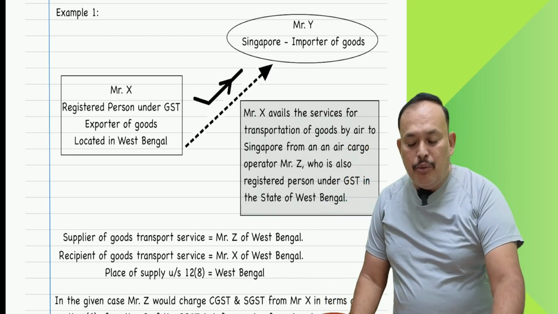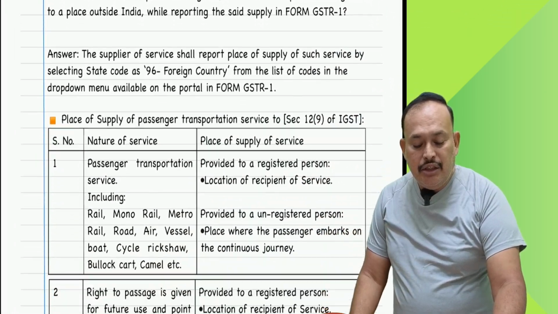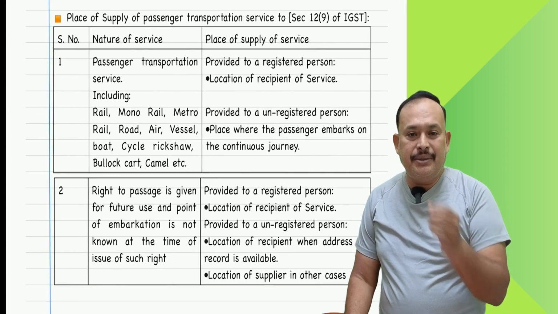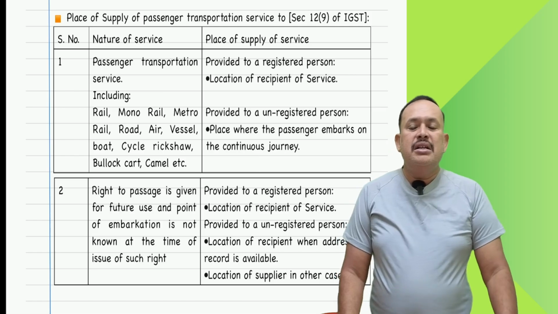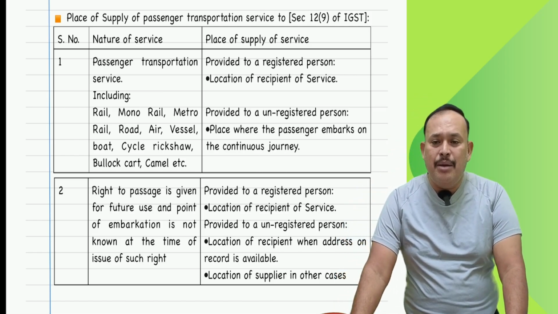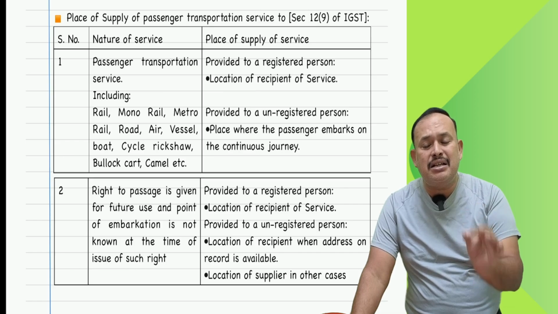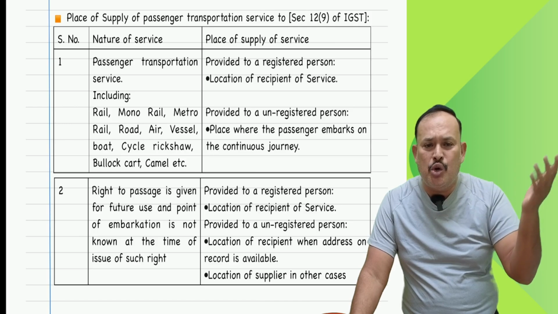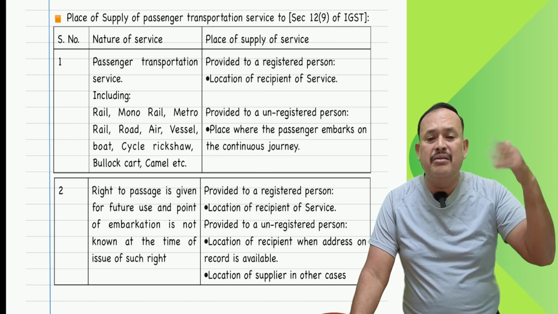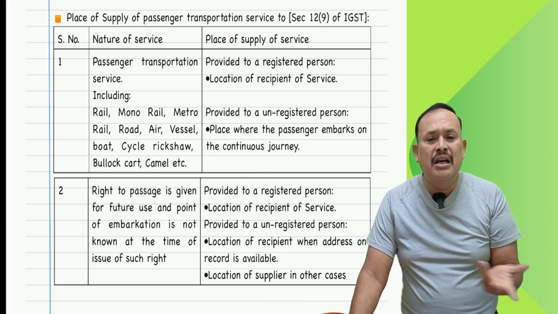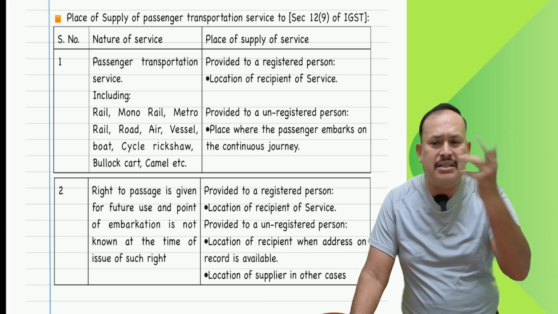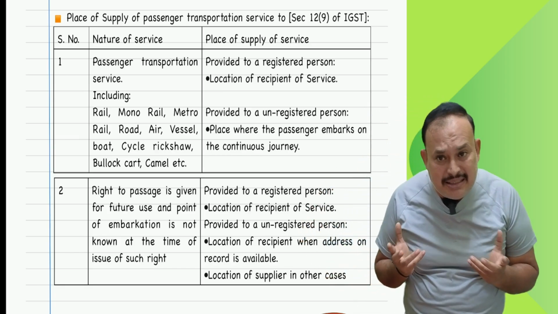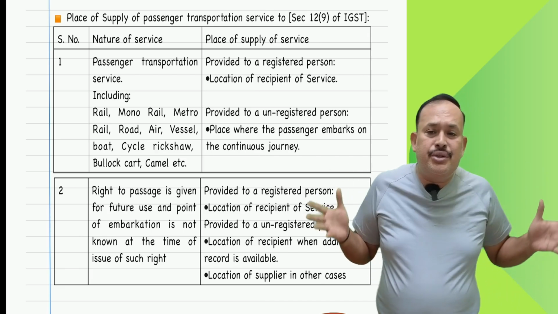Now, moving on to section 12, subsection 9 of the IGST Act, where supply of services, namely passenger transportation services, may be by rail, monorail, metro rail, road, air, vessel, boat, cycle, rickshaw, bullock cart, camel cart, etc. So my point here is transportation of passenger services with different modes.